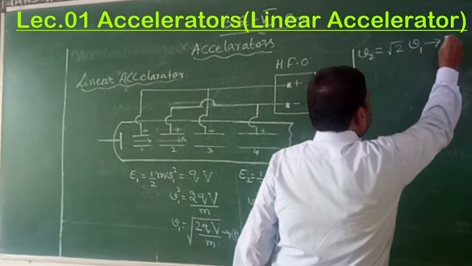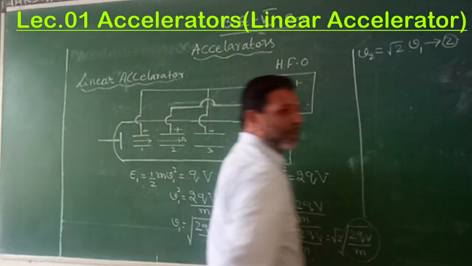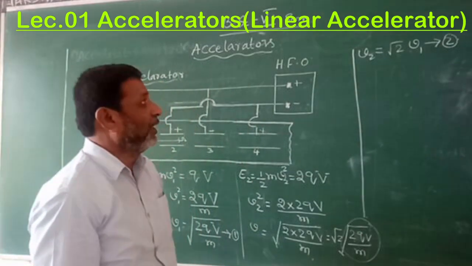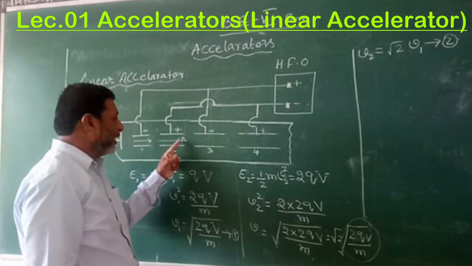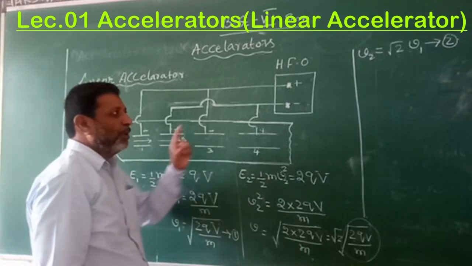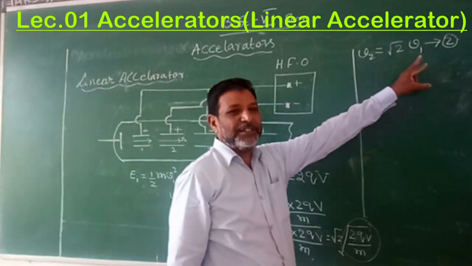Let us represent this as equation number 2. That means the velocity of the electron in the second tube is root 2 times the velocity in the first one.